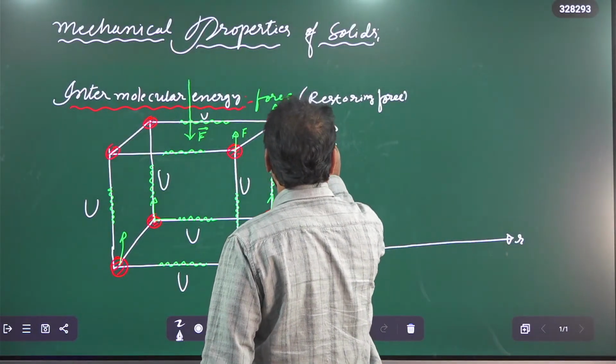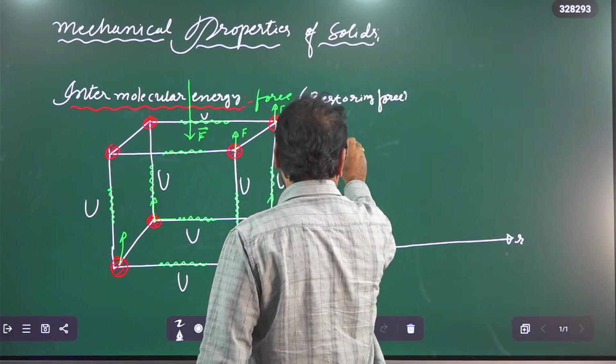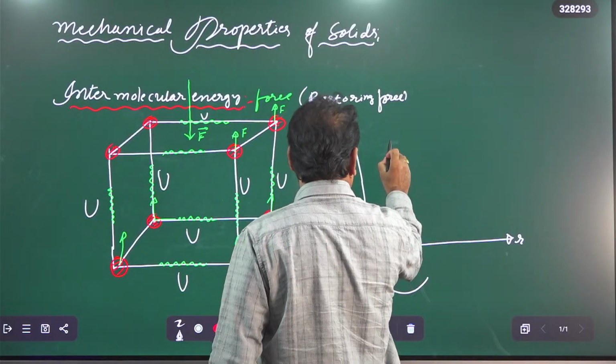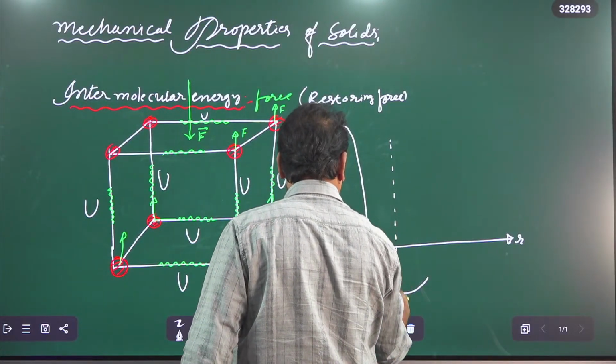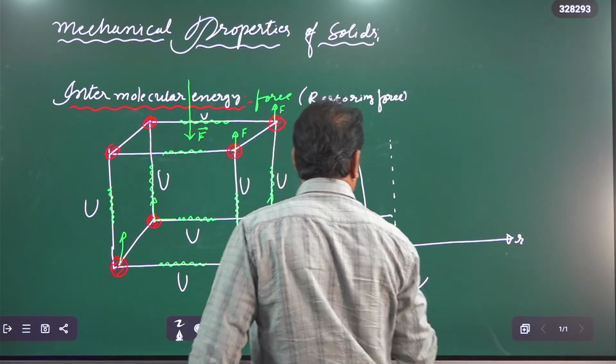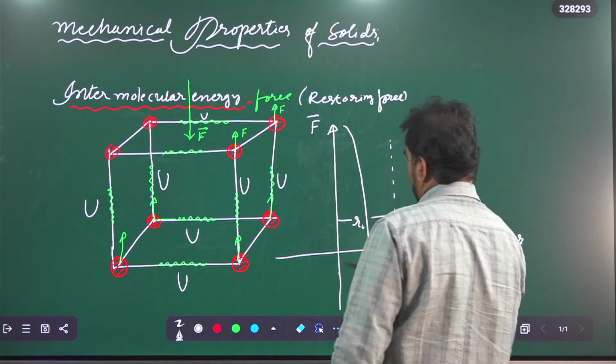The force gradually decreases due to repulsion. It will be minimum here, with respect to the radial distance. Again, due to attraction, the force gradually increases like this.